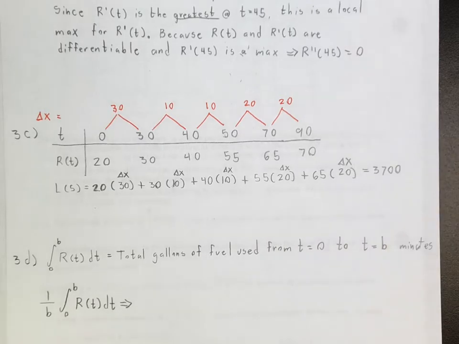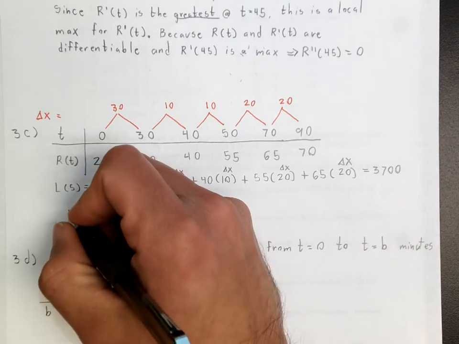Now hopefully you can tell by the picture that the approximation is going to be less than the actual value because you have an increasing function. Again, it's asking whether the approximation is going to be less or more.